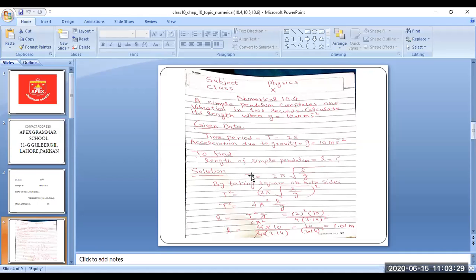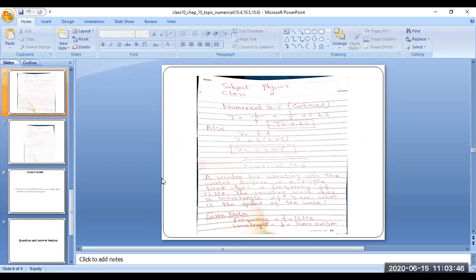In solution, time period, we use this formula: T is equal to 2 pi under root L over g. We used this formula in numerical 10.1, 10.2 and 10.3. We will use this formula in this numerical also.